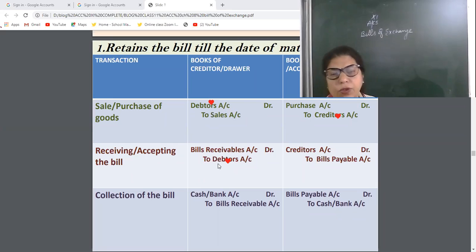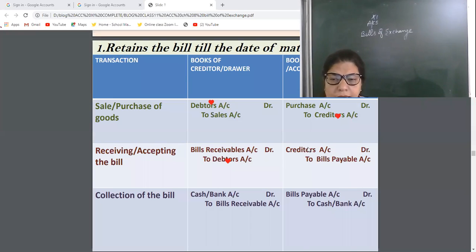That drawee is the giver, so the person you debited earlier will be credited here. Now what will be the general narration? Bill receipt. That will be the easy way for you. That's why I am telling you to note it down, and you can arrow it or underline it.